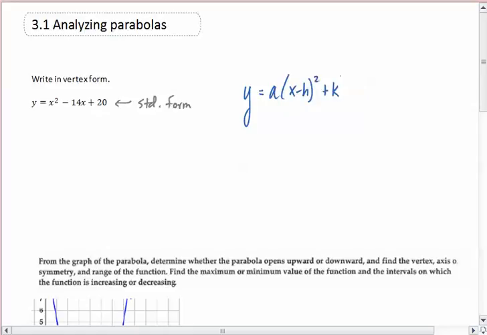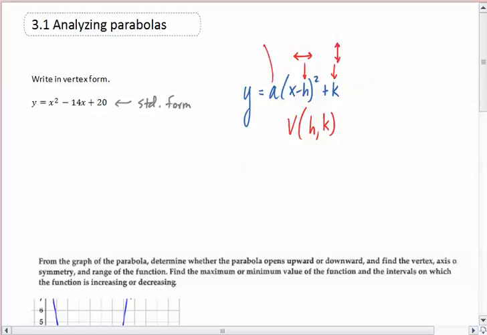And this helps me to find the vertex of the parabola, because the vertex then ends up being (h, k). So this right here is the horizontal adjustment from the origin, and this right here is the vertical adjustment from the origin.